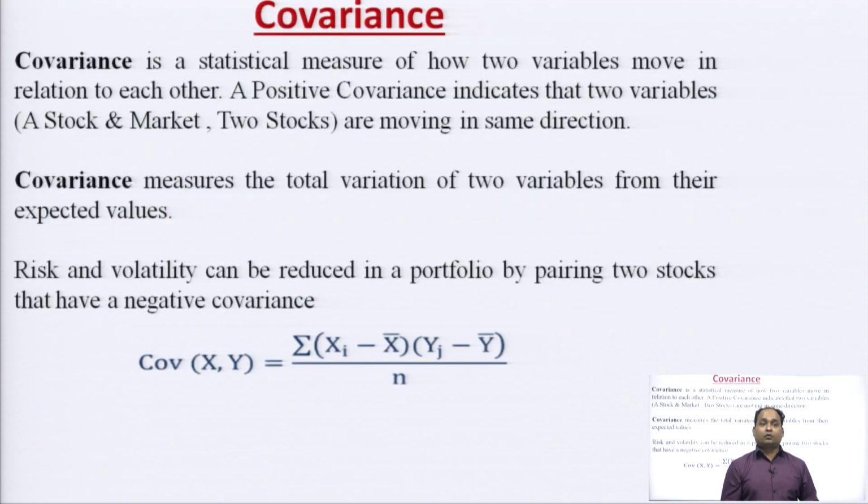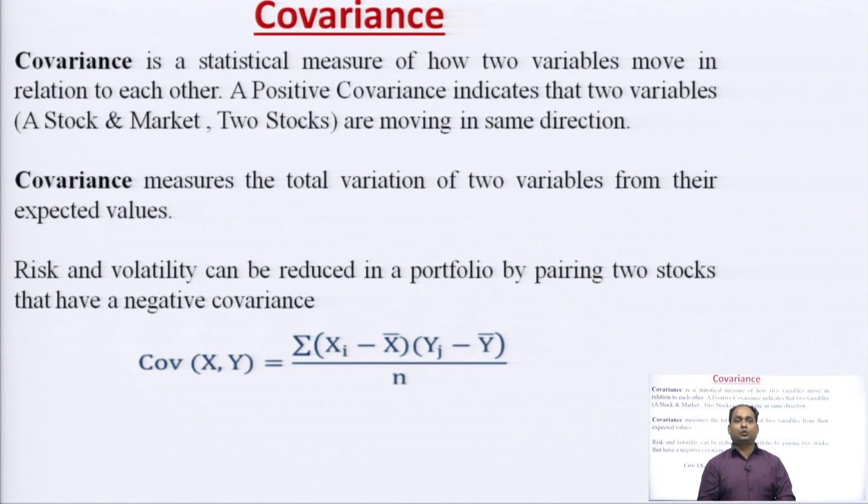So, let us start with the covariance. Covariance is a statistical measure of how two variables move in relation to each other. A positive covariance indicates that two variables, such as the stock market and a particular stock, or two stocks, are moving in the same direction.